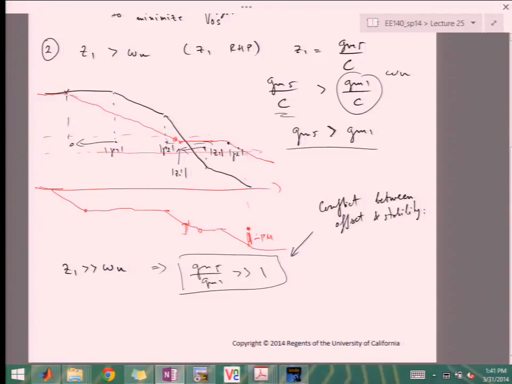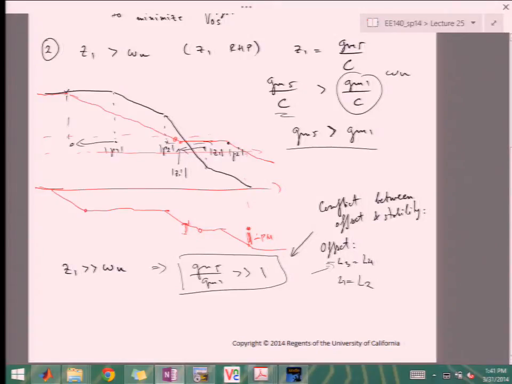So let's take a look at offset. We want to have L3 equal to L4, as well as L1 equal to L2.